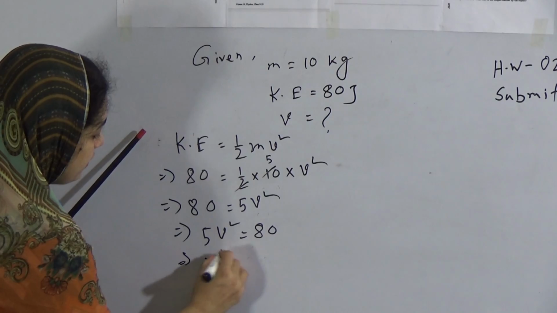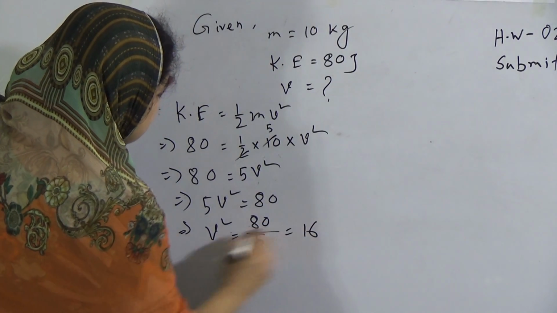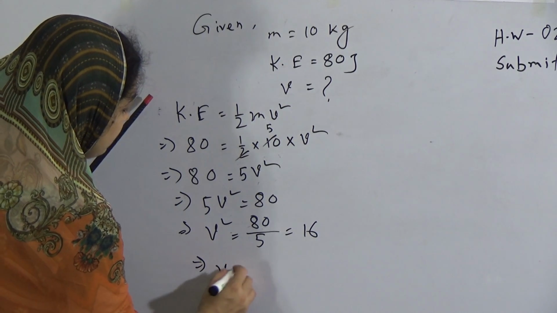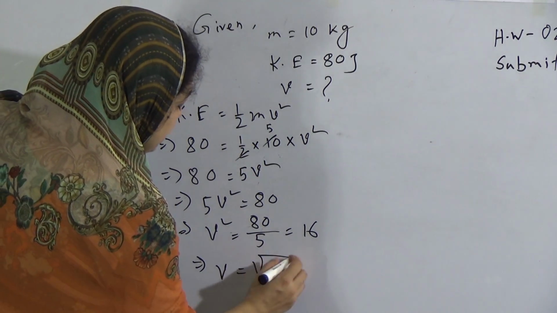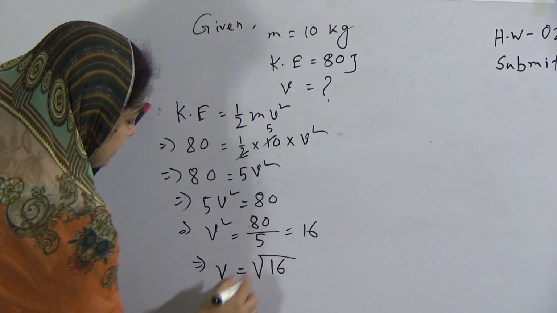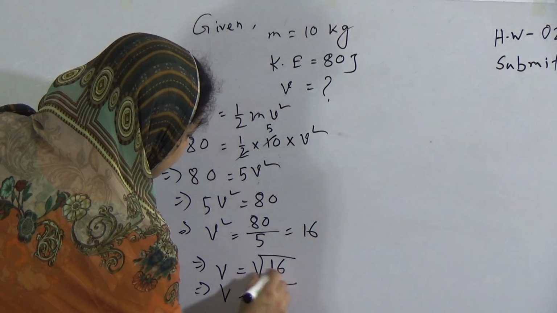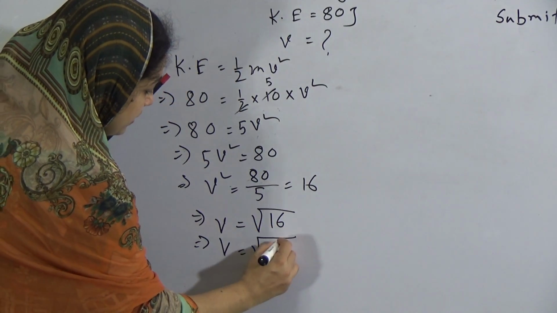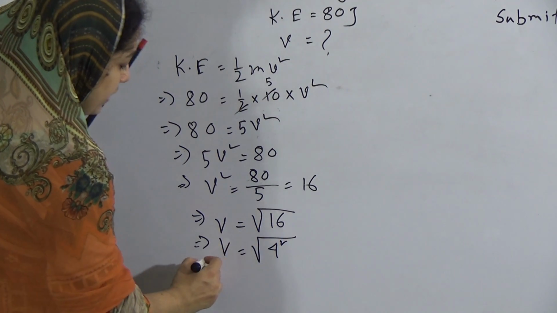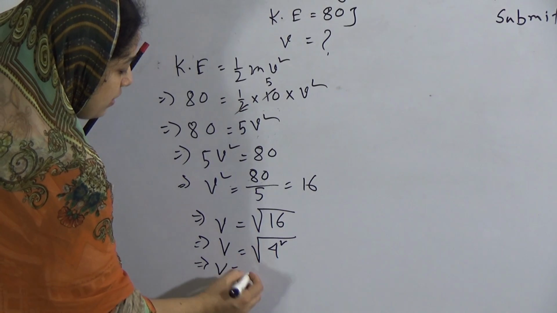Then v square equals 80 divided by 5, that means 16. So v equals, here square, it will be root over on that side. So root over 16. So v equals root over 4 into 4. 4 4s are 16, so we can write 4 square. Then v equals, the square and root over will vanish.